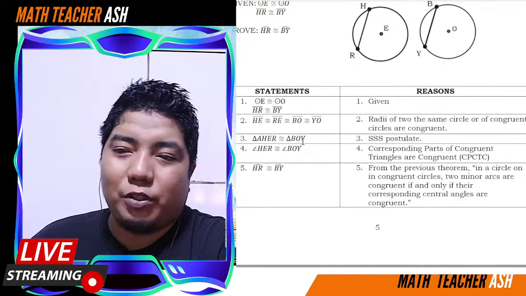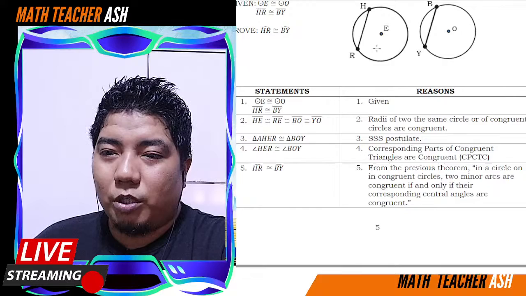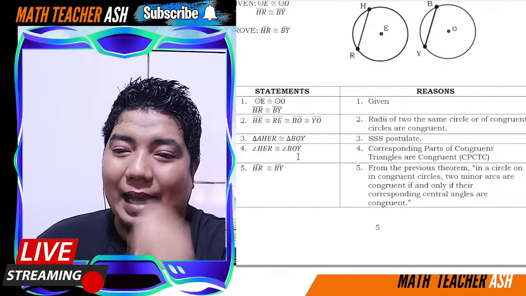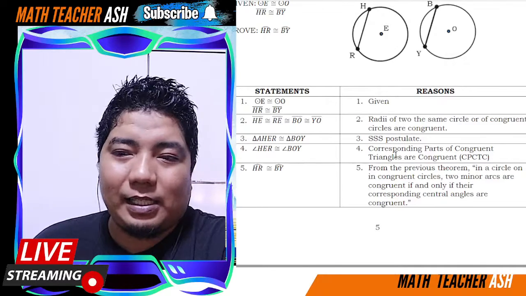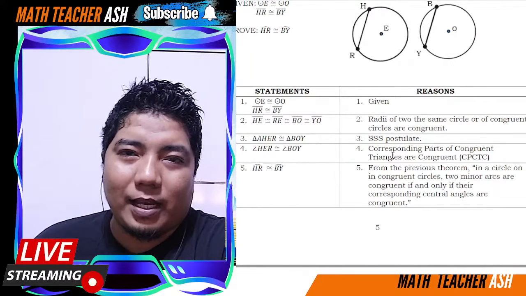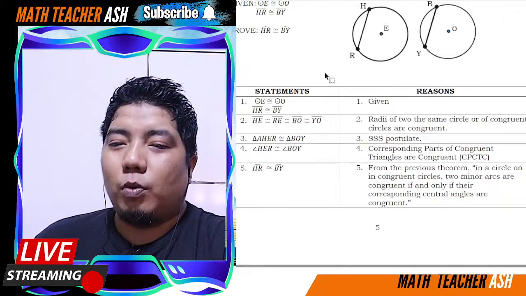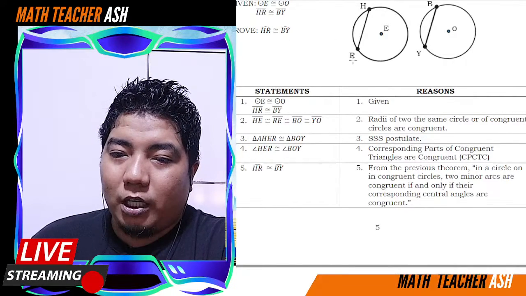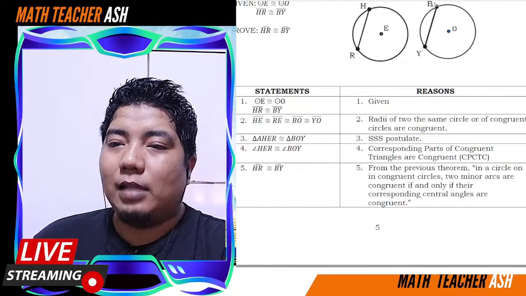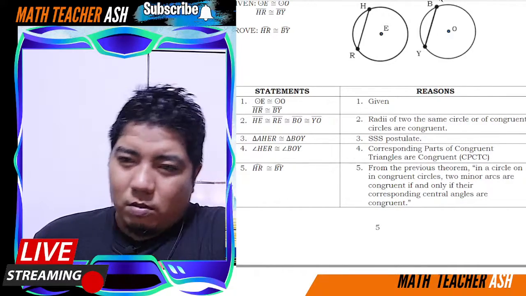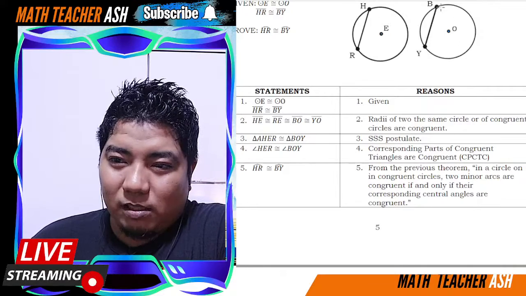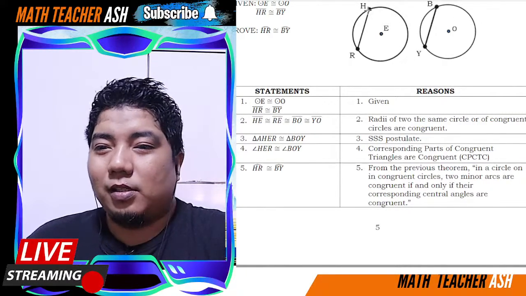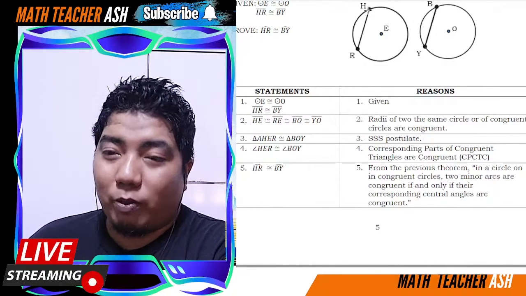Okay, so after you state the postulate, which is the SSS, next is to consider the angles behind. So the CPCTC, or the corresponding parts of congruent triangles are congruent. So what is that? So this is the angle. So angle HER and angle BOY, which are the central angles where the 2 points is being connected through the chord.